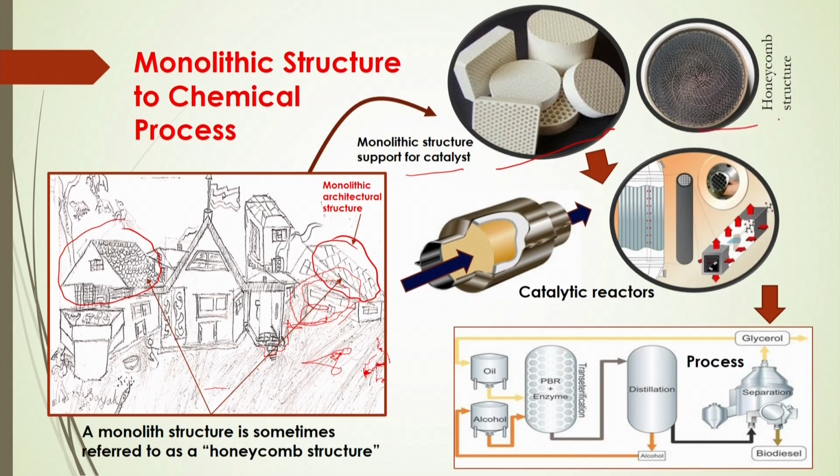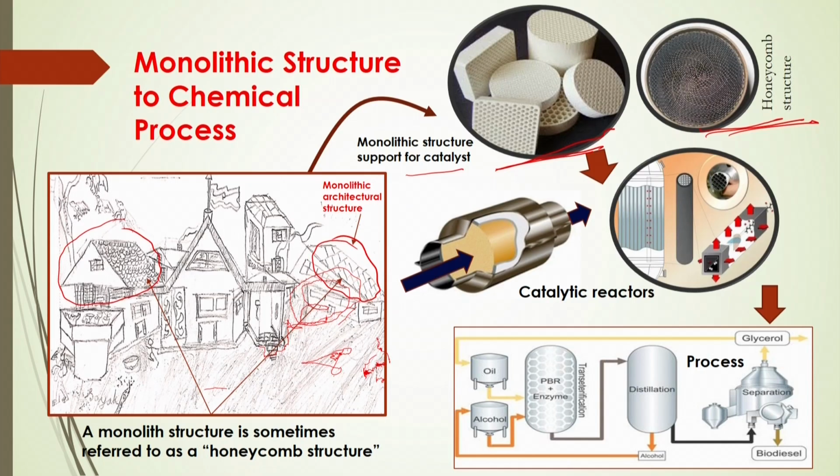Now, these are different structures. There are several structures. This type of structure is called monolithic. Actually, in just the last few decades, different types and even different structures of catalyst are being used for particular chemical engineering processes. Monolith is one of the important structures also.